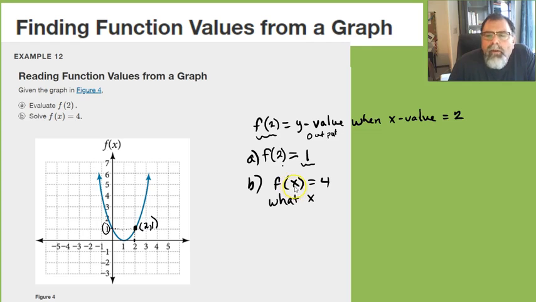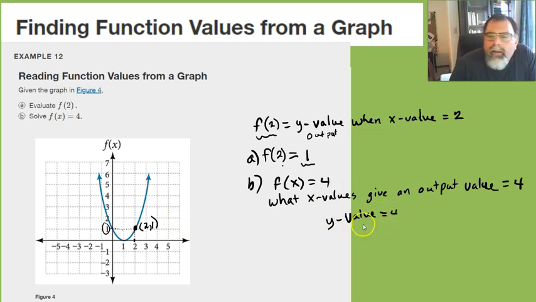So what x values give an output value or y value equal to 4?